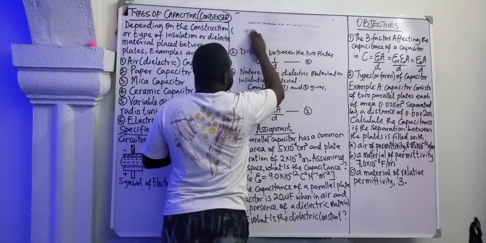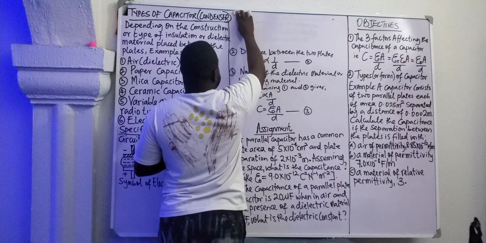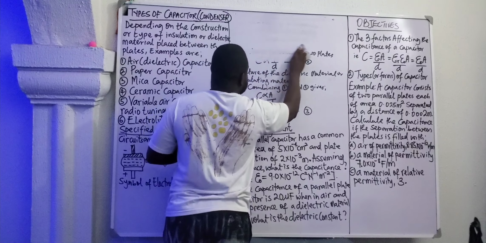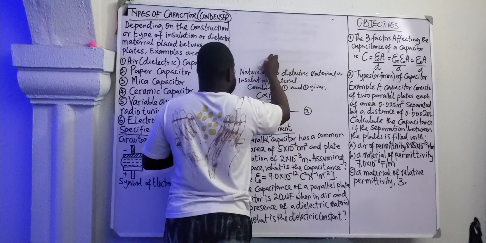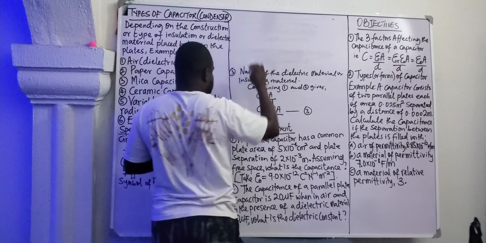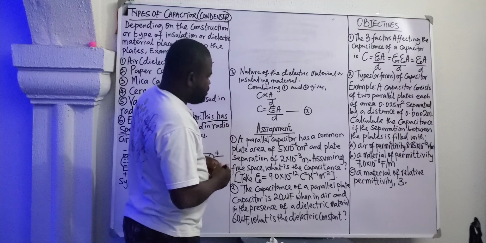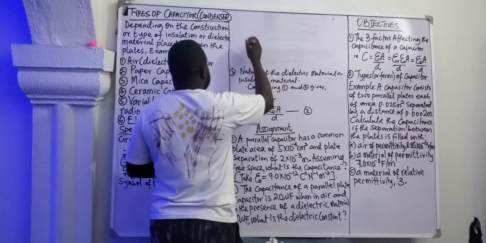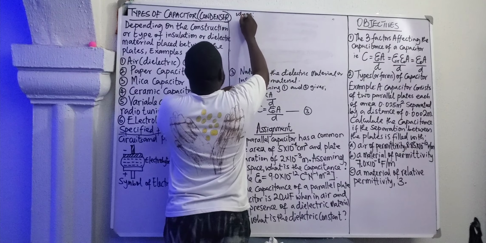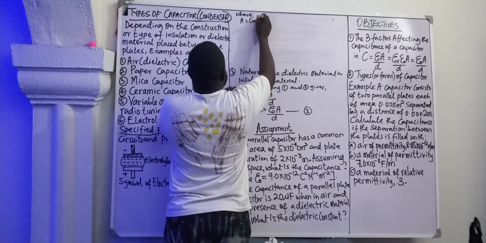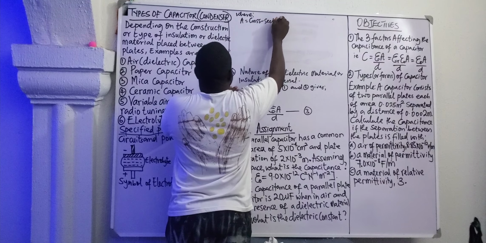But for this permittivity of the material, we can be given the relative permittivity and then the permittivity of a vacuum to determine the permittivity of the material. Then we need to get another formula which I will give you shortly. Let me define what each of these means. Where A is the cross-sectional area, or area of cross-section, of the plate.